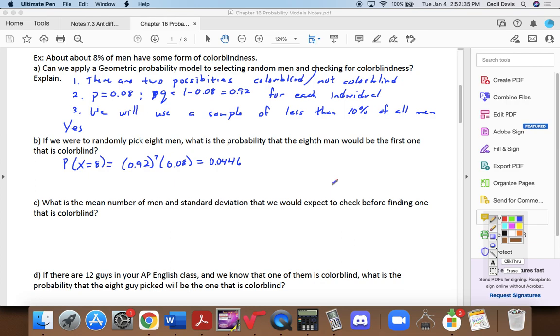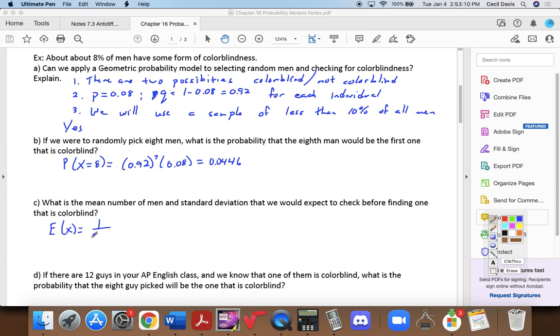All right, well, let's take a look at this, especially the first part. The mean number of men and the standard deviation we would expect to check before finding one that's colorblind. So the expected value, before finding one, is just going to be 1 over p.